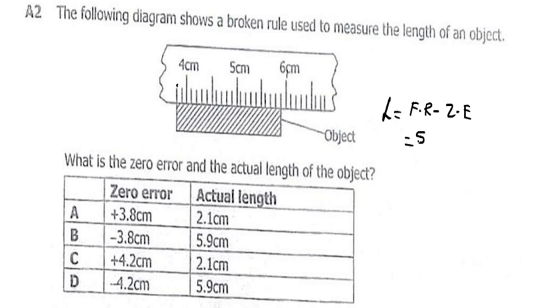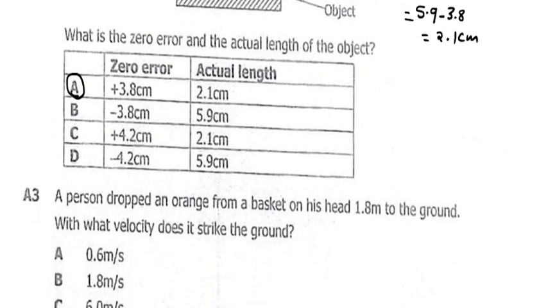So the final reading is 5.9, and if we subtract the 0th error, which was 3.8, 5.9 subtract 3.8, we actually get 2.1 centimeters. So it simply means A is our answer for this one. Alright, we proceed. We look at another question. We go to question 3.